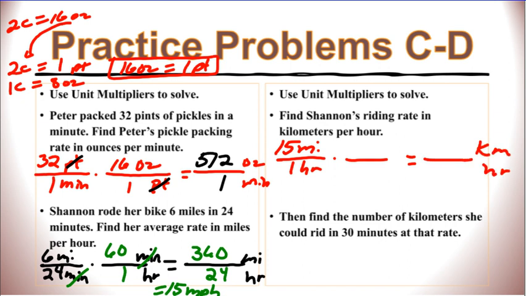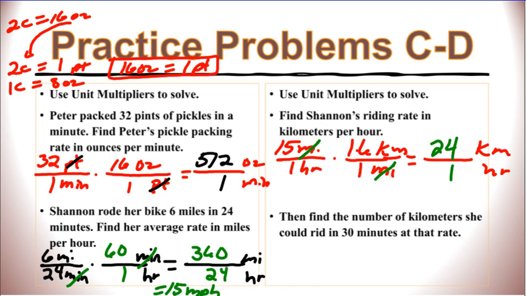And we had in a previous slide that 1 mile is the same as 1.6 kilometers. That's the unit multiplier I'm going to use. The miles labels divide each other off. I'm left with 15 times 1.6, which is 24. 1 times 1 is 1, so 24 kilometers per hour.